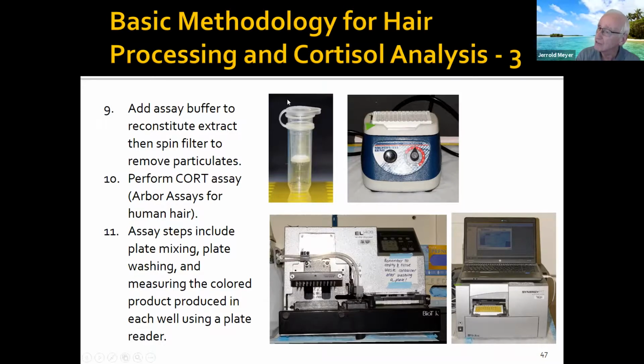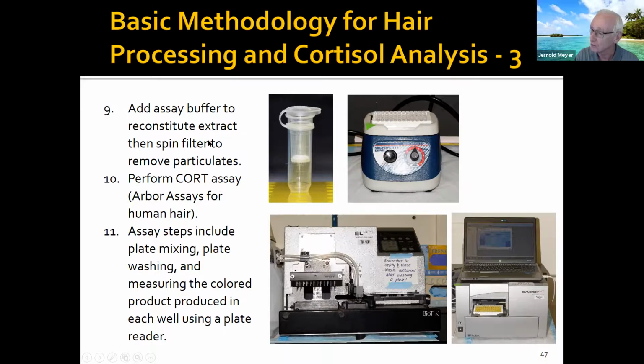So we redissolve it. And when we redissolve these extracts, in our hands, we get some particles, which we found interfere with our eventual assay. Many people have not had this problem, and so good for them. But for us, because we have these fine particles, we have to get rid of them.